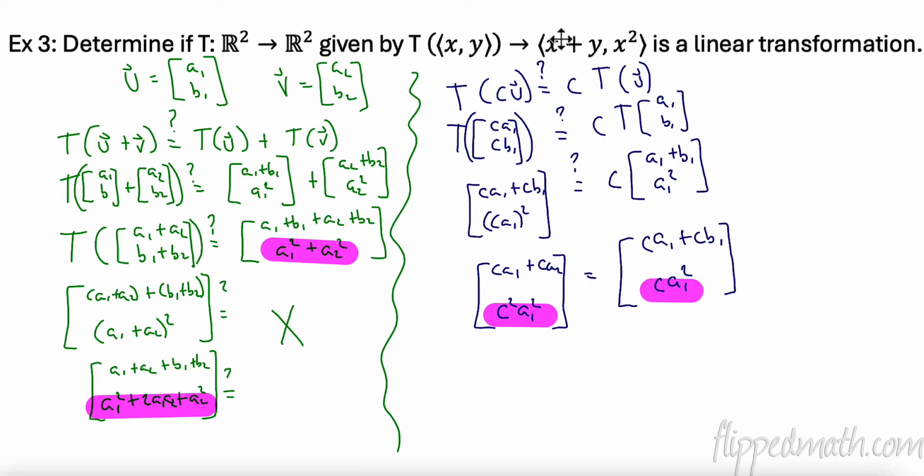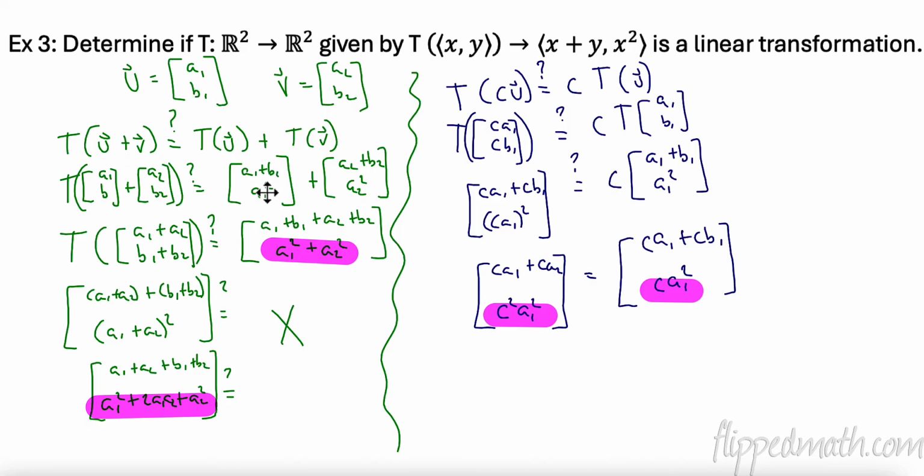First of all, I'm going to be adding x plus y, my x and y coordinates, and then I'm squaring my x coordinates. So let's take a look. Does the transformation of my two vectors added together equal the transformation of my first vector plus the transformation of my second vector? Let's do this side first. So the transformation of u is x plus y, so a1 plus b1.